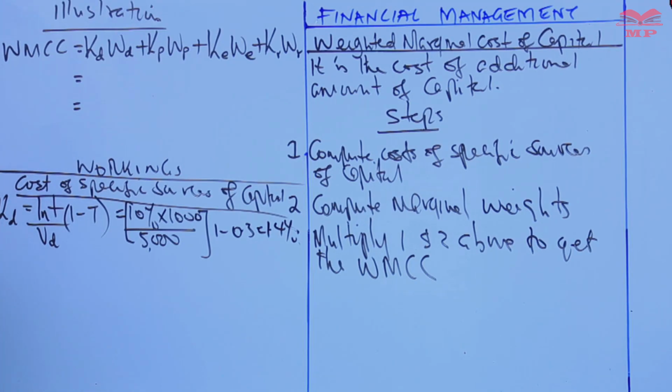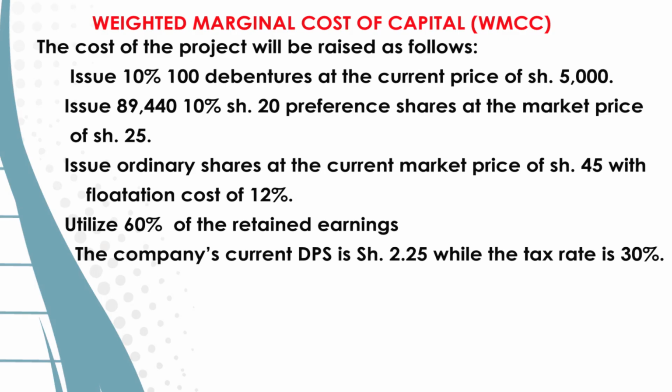Then the second source is cost of preference shares. What is the formula? Cost of preference shares, we read in note number 2, issue 89,440, 10%, 20 shillings, preference shares at the market price of 25 shillings.